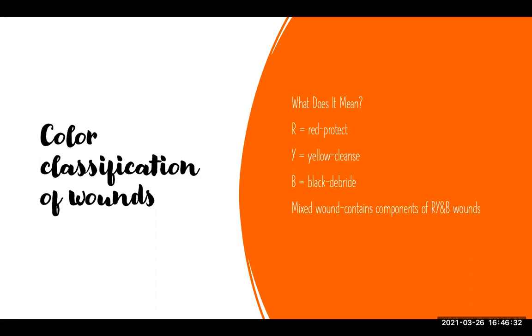If we see yellow sloughing, that's discharge coming out of a wound. We need to clean that sloughing off. We might need to debride it or just clean it. If we can wipe it off, good, that's all we need. If it's black, then we definitely need to debride that wound. We always treat the worst signs first.